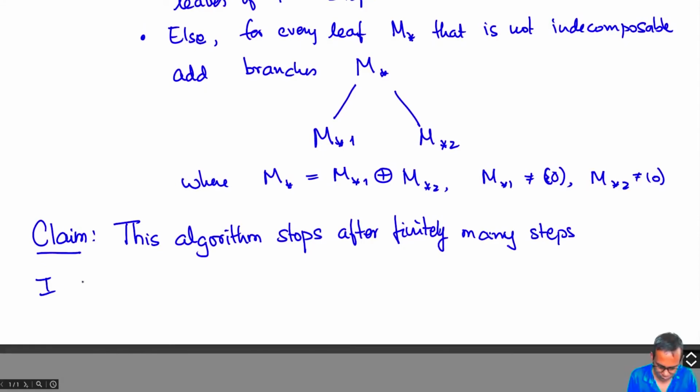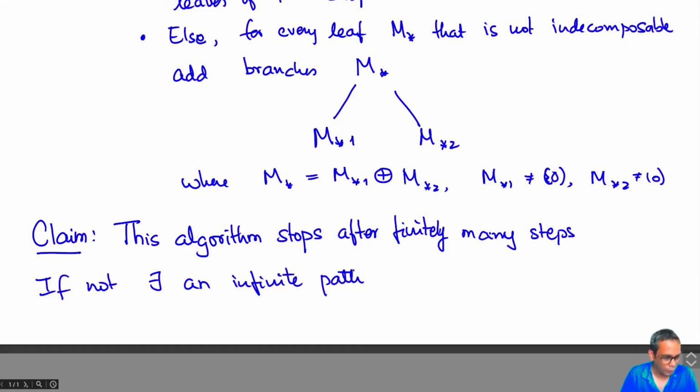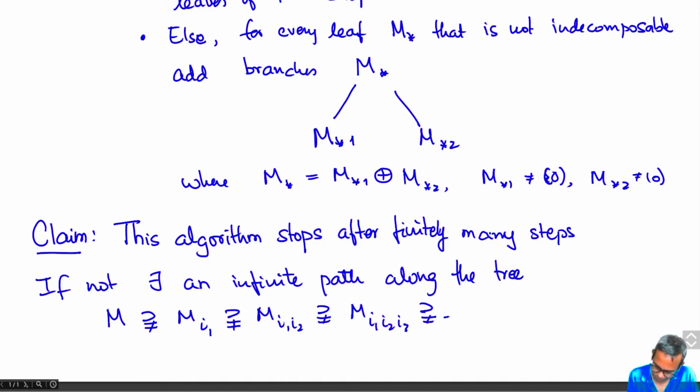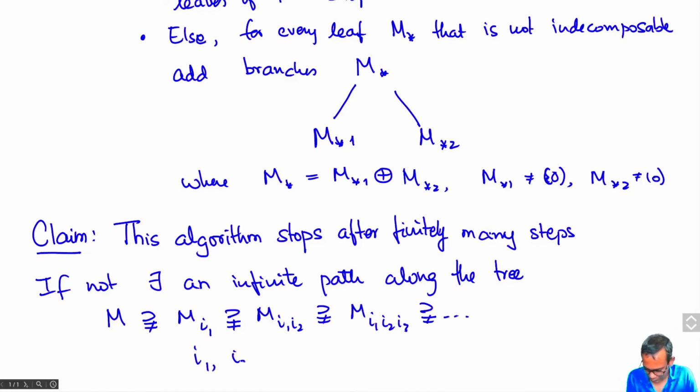Well, if not, what will happen? If not, there exists an infinite path along the tree, consisting of nodes M containing properly M_{i1}, so it would be either M1 or M2, which properly contains M_{i1 i2}, which properly contains M_{i1 i2 i3}, and so on, where i1, i2, i3 all belong to the set {1, 2}.